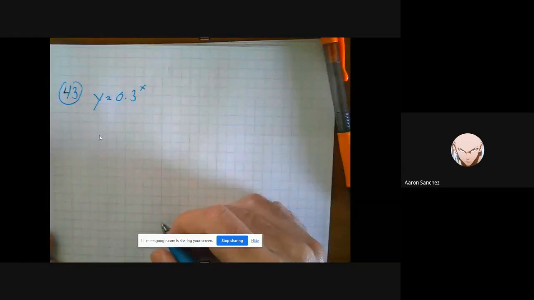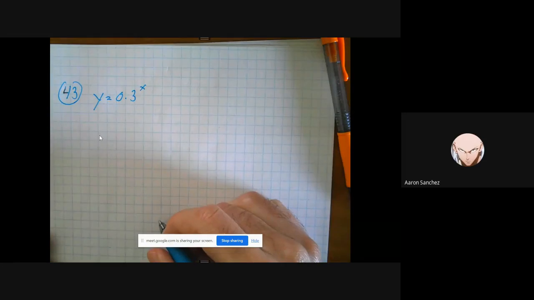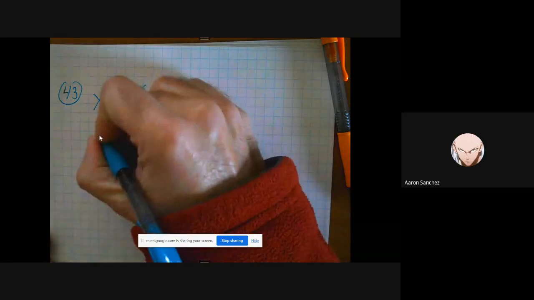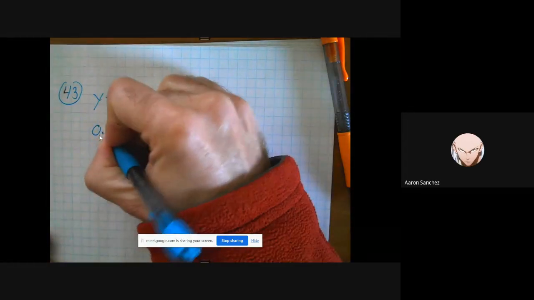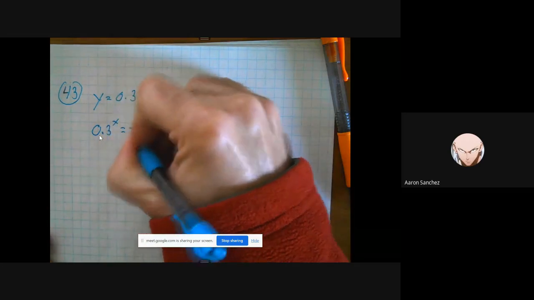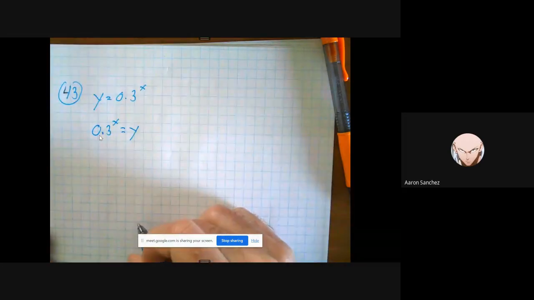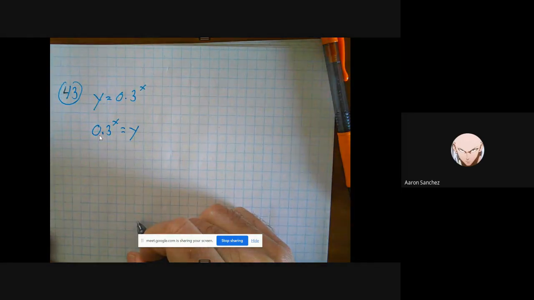This is 43. Now let's put it the way we are used to seeing it: 0.3 to the x equals y. So let's solve for the inverse.